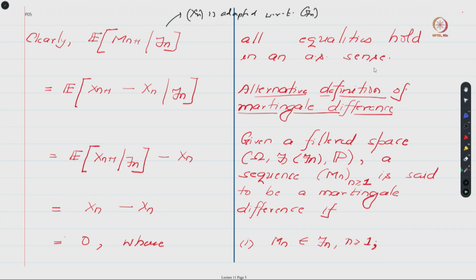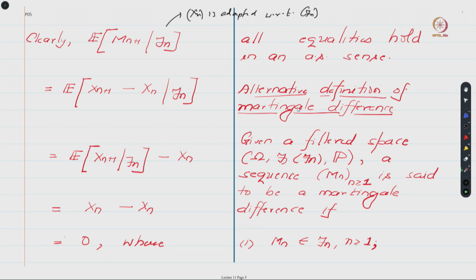So let us just summarize what we have seen. If we have been given a Martingale sequence and we look at the difference between the successive elements, then the conditional expectation of Mn plus 1 given Fn is 0 almost surely. So your Martingale difference sequence satisfies this special property, hence we can also come up with an alternative definition of a Martingale difference sequence.